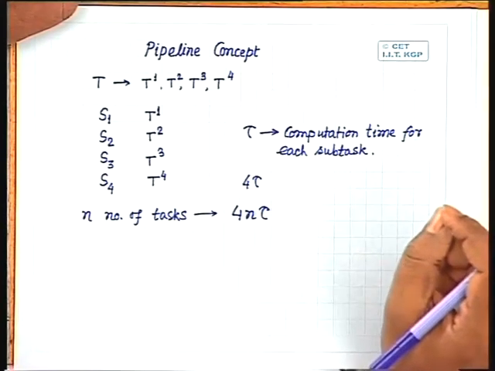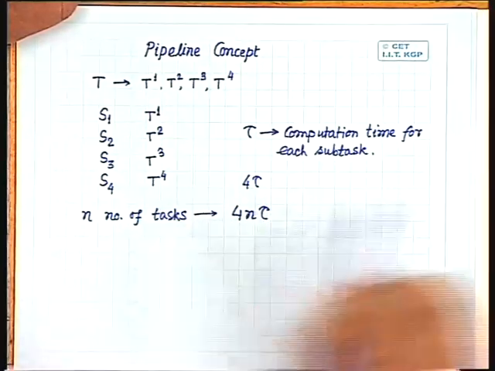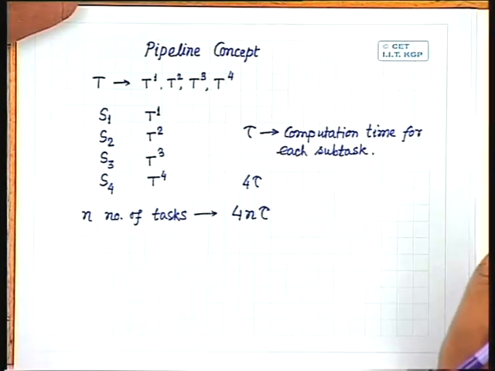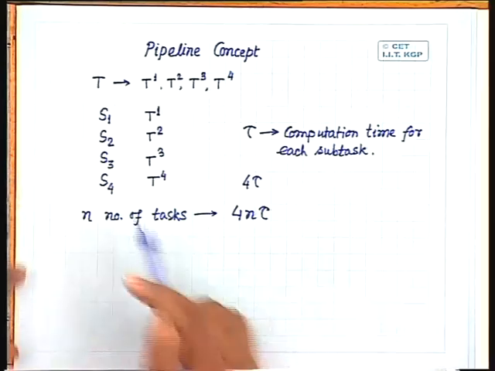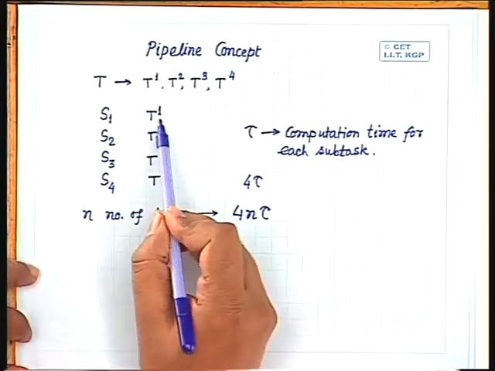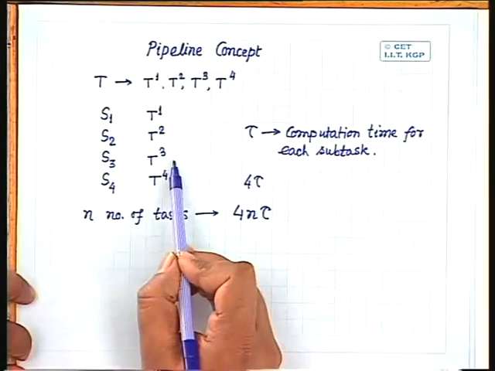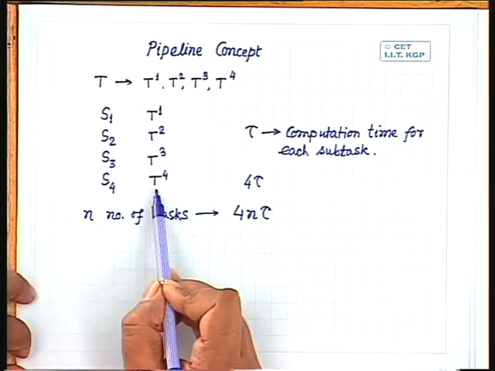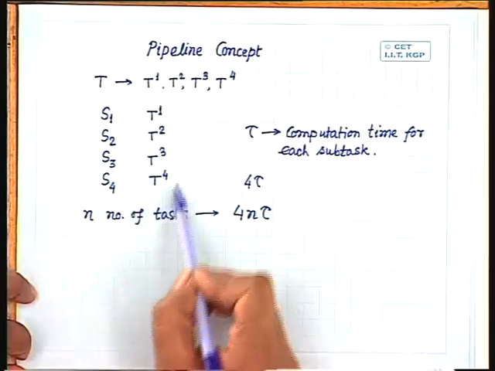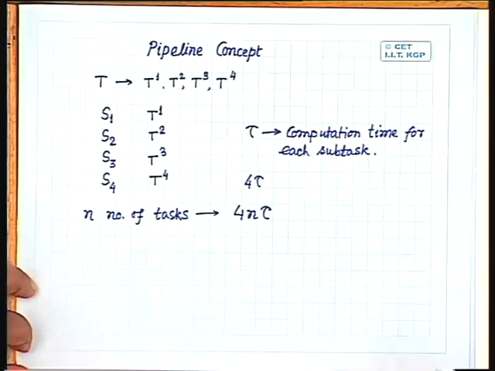Okay. Now let us see another option, whether we can improve this total time required. Okay. So I have said that I have 4 processing blocks, S1 which is capable of computing T1, S2 capable of computing T2, S3 capable of computing T3, S4 capable of computing T4. And these tasks are to be executed in order 1, 2, 3, 4. Okay.